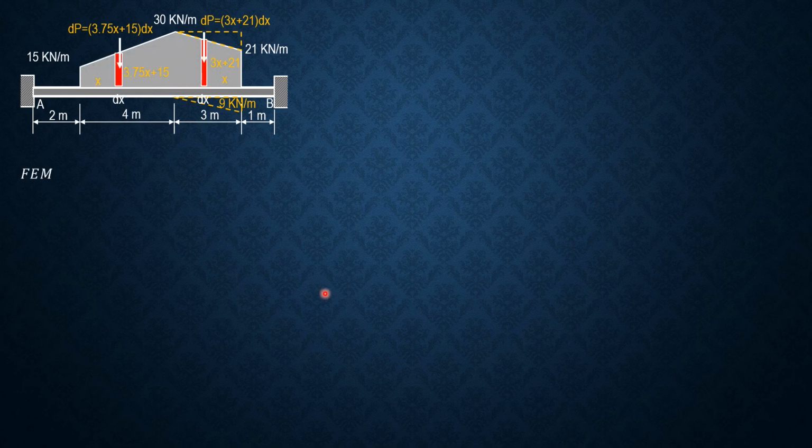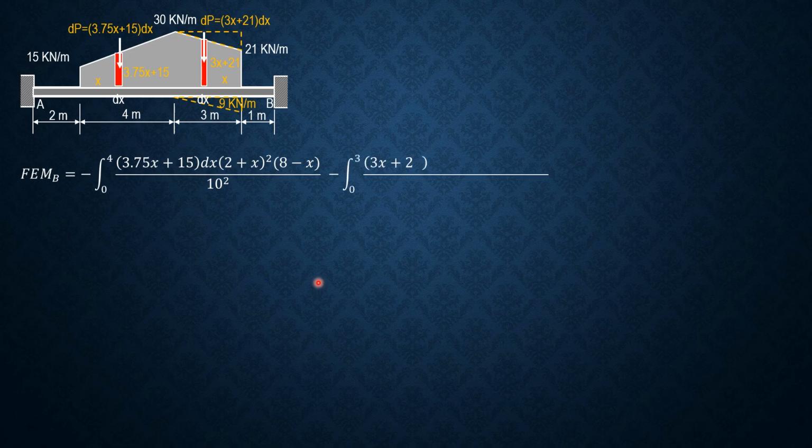Fixed moment B equals negative integral 0 to 4, 3.75x plus 15 dx, 2 plus x squared, 8 minus x over 10 squared, then minus integral 0 to 3 of 3x plus 21 dx times 9 minus x squared, x plus 1 over 10 squared.